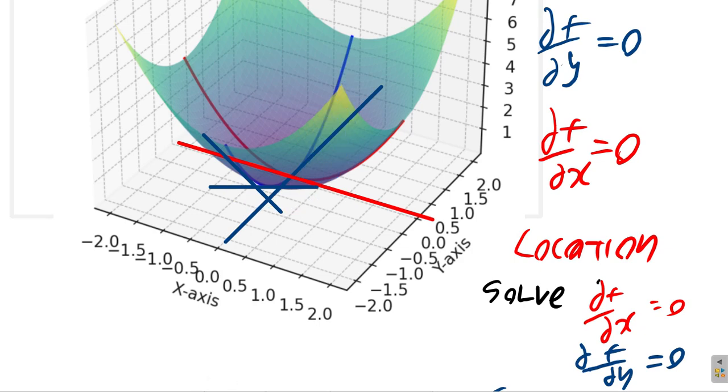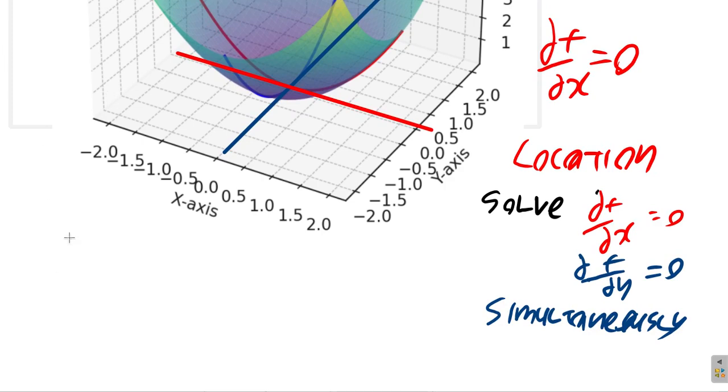So in that case, delta squared f by delta y squared is positive. So it is a minimum value in y.